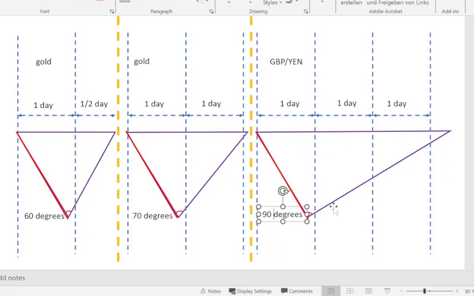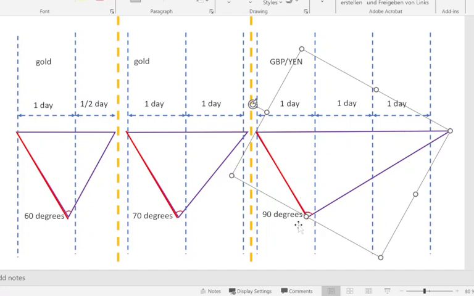Of course, the movement can be sharp, but still you can usually apply this right angle triangle. This means that if we had a movement like this, a sharp movement down, in this case, it would be 60 degrees movement down, and whatever is above 45 degrees needs a correction.